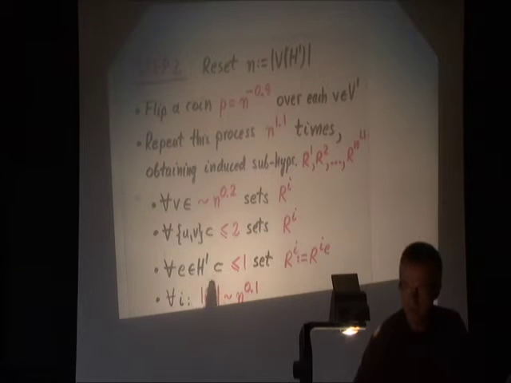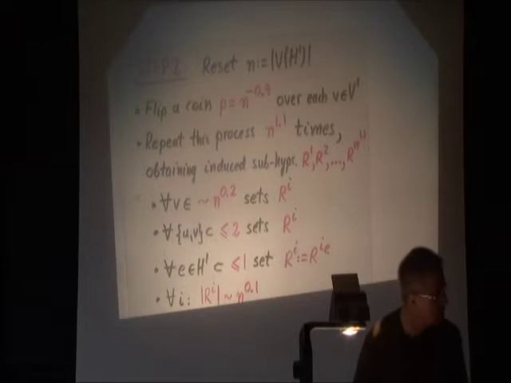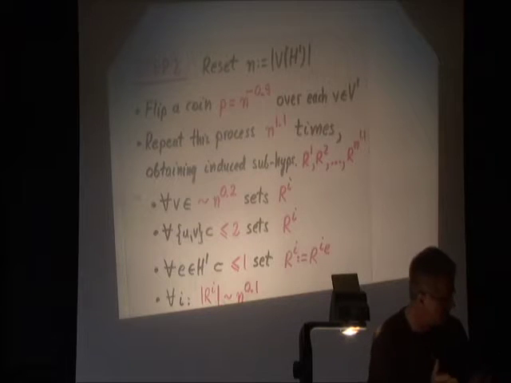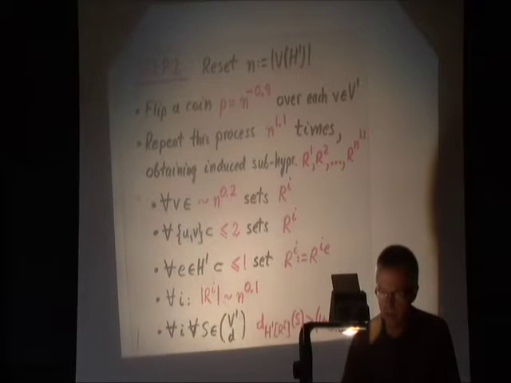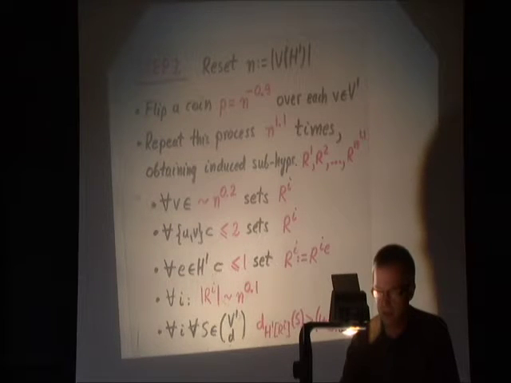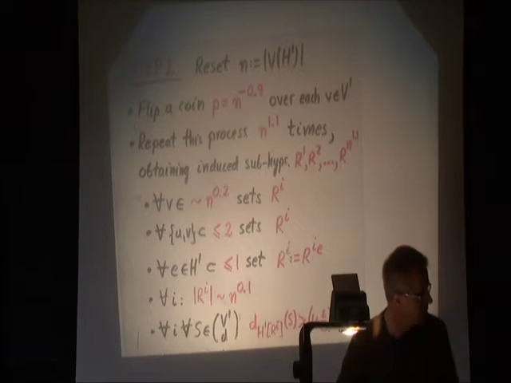So every edge of the original hypergraph sits in at most one of these induced sub-hypergraphs. And because the degree was large to start with, it's also large here. Here is a mistake: I should say M star D, but with the number of vertices of the Ri. So it's scaled down to this small sub-hypergraph.